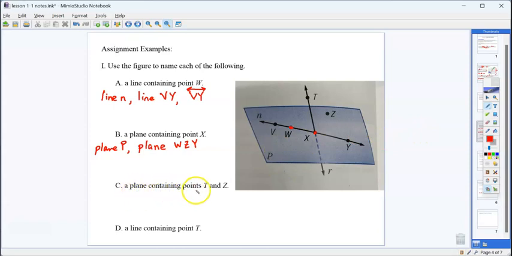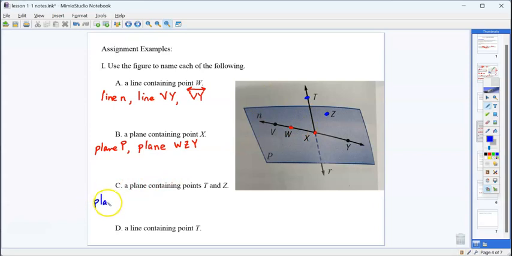All right, a plane that contains points T and Z. Remember the definition of a plane. It's any 3 non-collinear points, and there are several different options here as long as we contain the points T and Z. So I'll change color here. Here's T, of course, here's Z. Those 2, along with any 3rd point, would make up a plane.